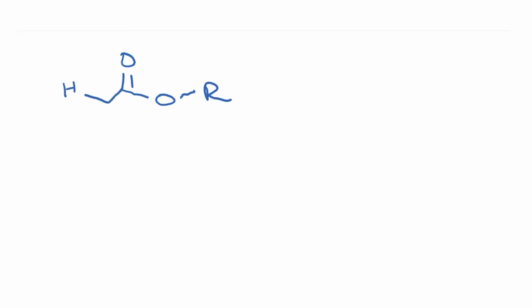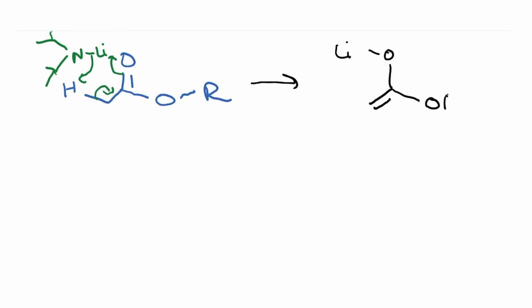Now let's say we use LDA, and there's an abstraction of this hydrogen, and you end up forming irreversibly, as we discussed, this enolate of the ester, plus N isopropyl.